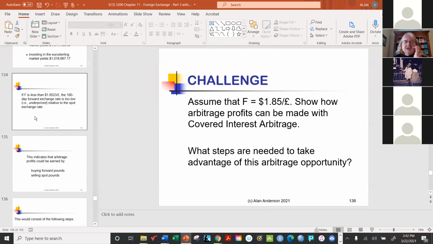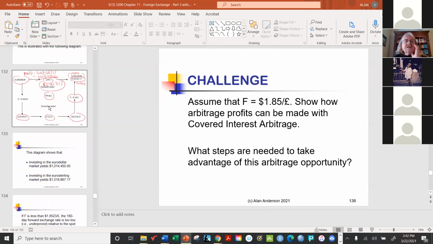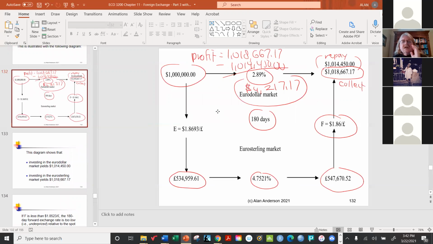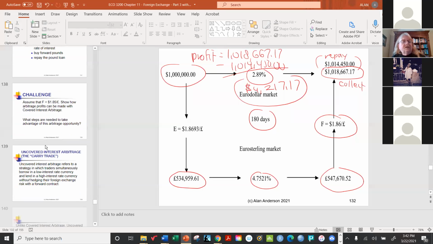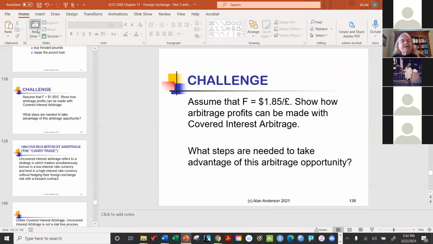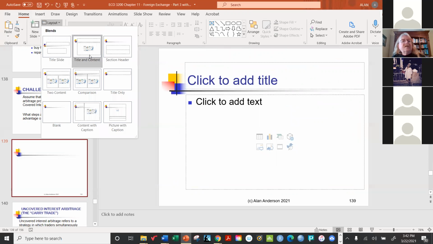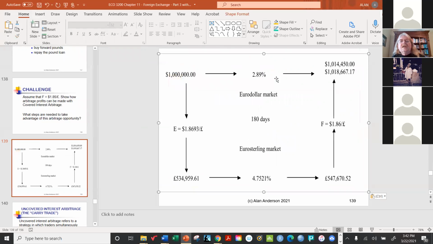So what I'm going to do is put back up on the screen this diagram so you can see what has to be done, except you have to reverse it all. Okay, so let me copy it again down here. So remember to go in the opposite direction. And also remember that F, let me make a few changes here. Change this to 1.85.